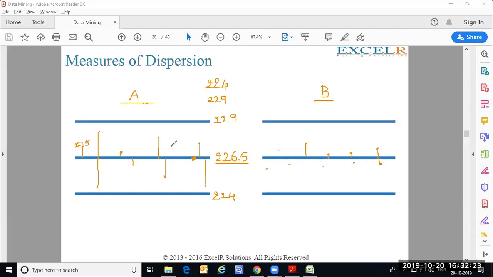So what is the underlying measure that we are relying on to come out with the spread? The mean, right? We are baselining the mean value to understand how far or how deviating your production is from the mean.